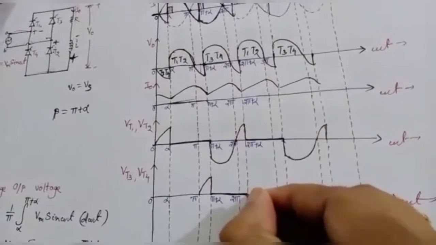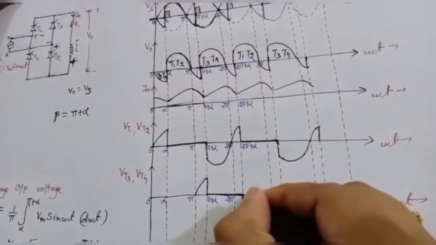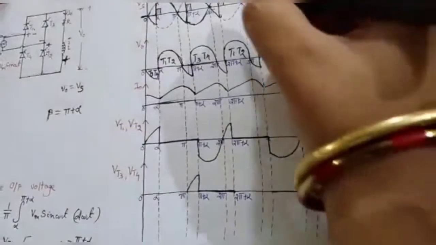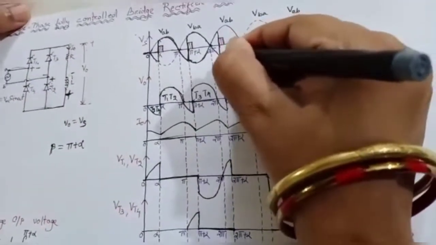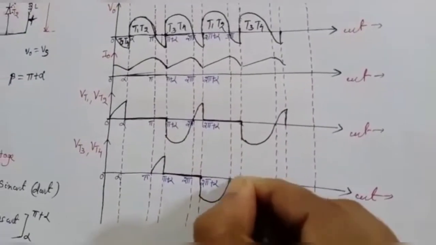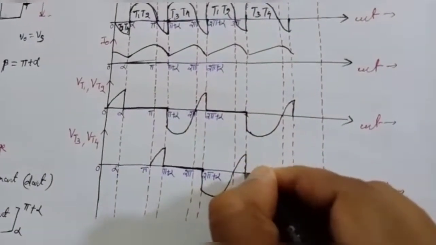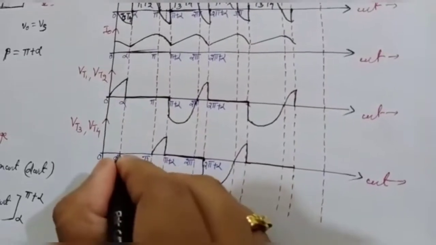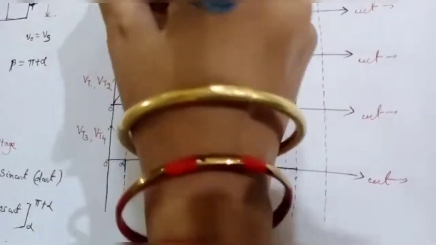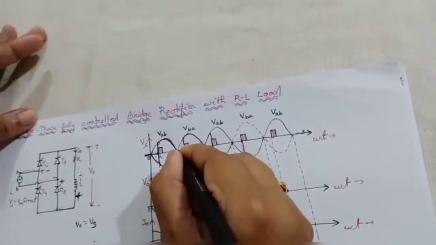When it is conducting up to this much, at this condition, now it should be in reverse blocking mode. So reverse voltage will appear across the device. Again forward blocking mode, like this. So before this, it is also the same thing. Here means this much of reverse voltage will appear.